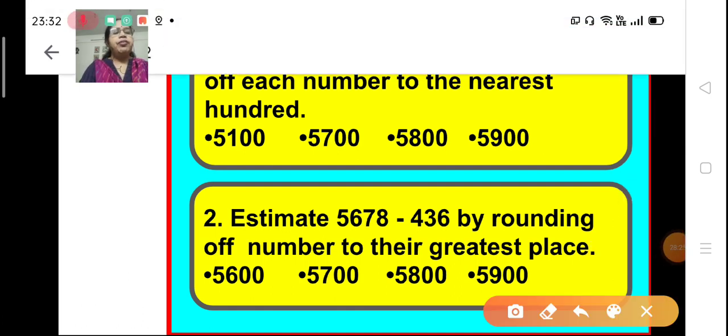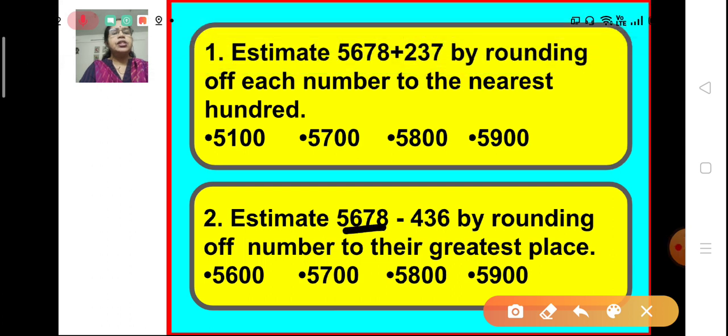In 5678, which is the greatest place? It is 5, isn't it? And let us look to the right of the greatest place, that is hundreds place. 6 is the digit there. That means 5678 can be rounded off as 6000. And which is the greatest place in 436? It is 4.